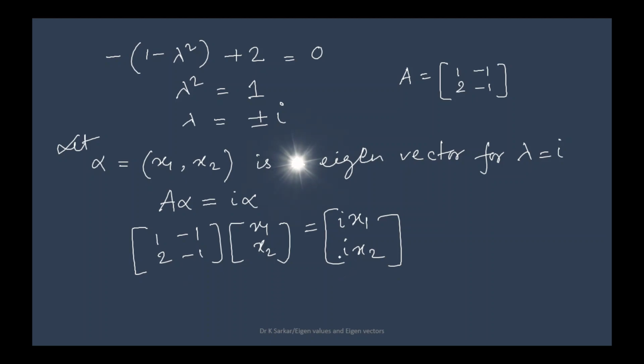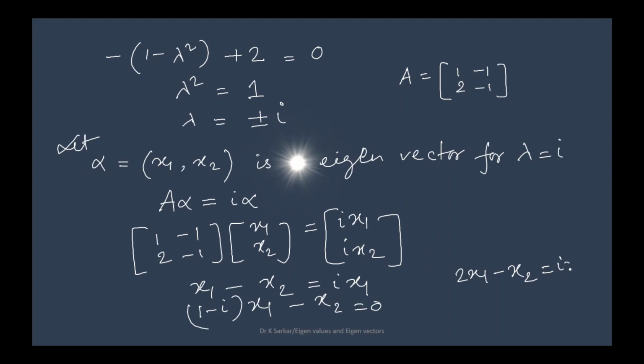Now let us solve this matrix equation. x1 minus x2 is i x1. So (1 minus i) x1 minus x2 equals 0. And 2x1 minus x2 is i x2.